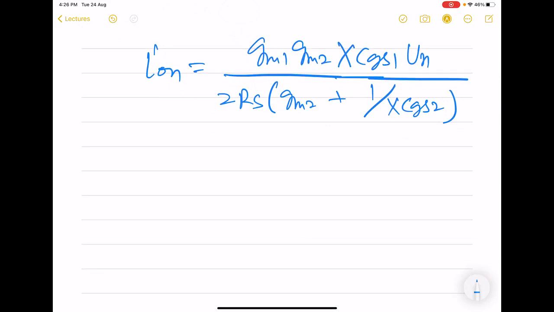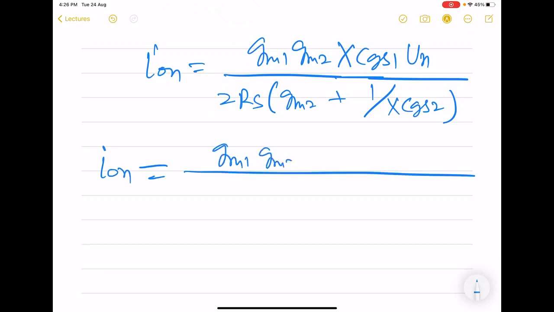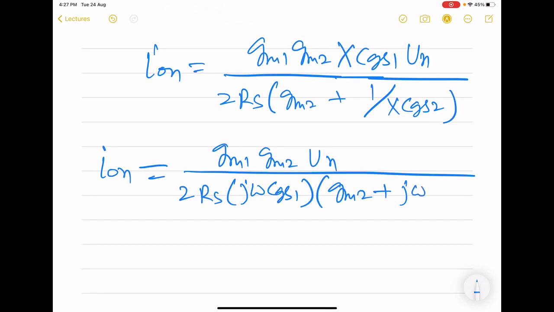Here we can substitute X to write the exact expression for capacitances. So this is GM1, GM2. This XCGS1 will come into the denominator in the form of capacitor, so this becomes 2RS J omega CGS1 and GM2 plus J omega CGS2.